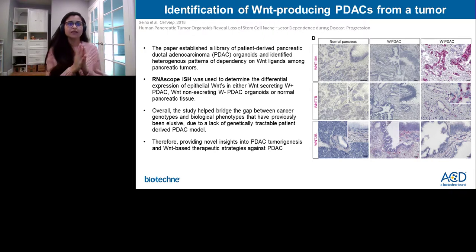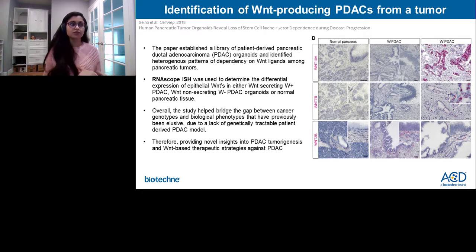And as you can see, the expression of Wnt10A, Wnt7B, and Wnt2B varies between different tissue types, where the expression is highest in the Wnt positive PDAC tumors, whereas the expression is very low to negligible in the normal pancreas.